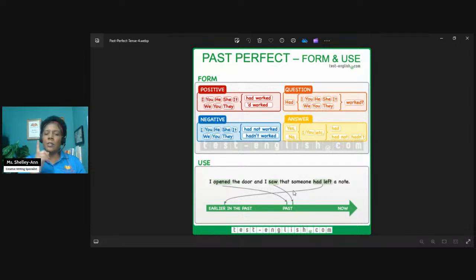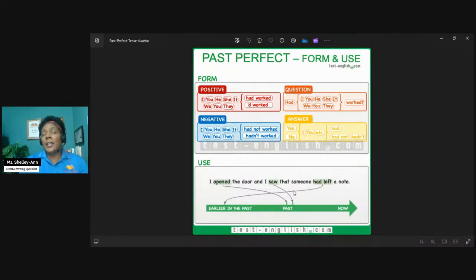Let's go back to Richard, because Richard is a naughty boy, right? I entered the classroom and noticed Richard had taken Camille's lunch. So, you could put it in a sentence like that.